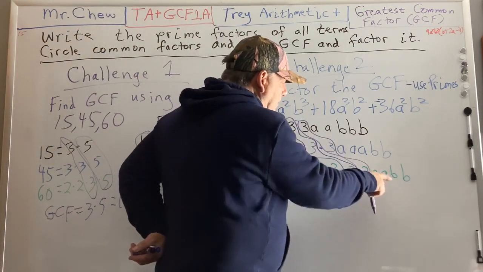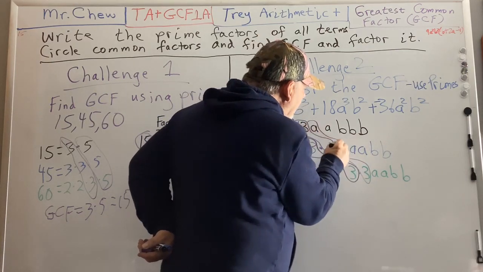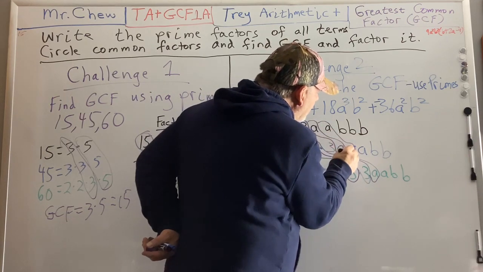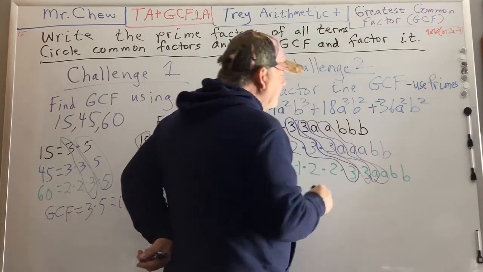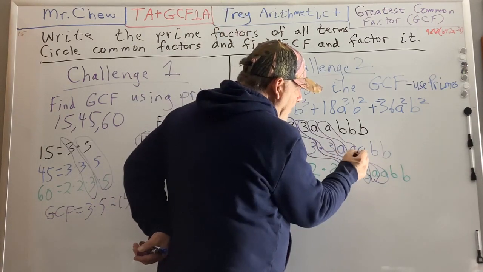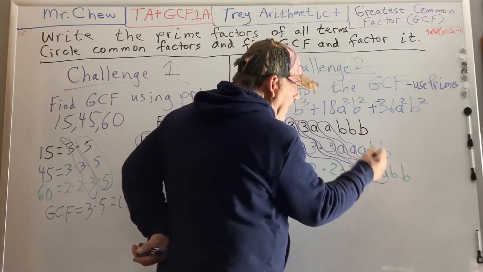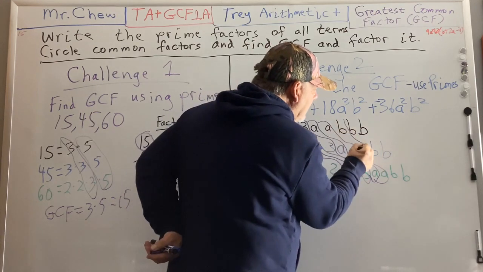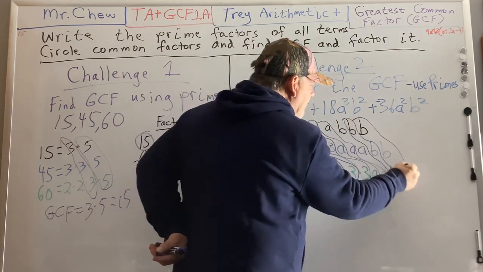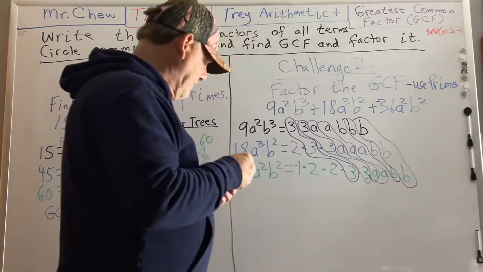Well, I got an A and A here and an A and A here. So I can circle the first A, and I can circle the second A. And then the B's, I don't have 3 here or 3 here, but I got 2 in both of them. So I circle those 2.